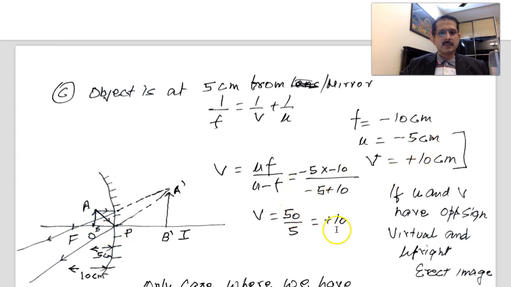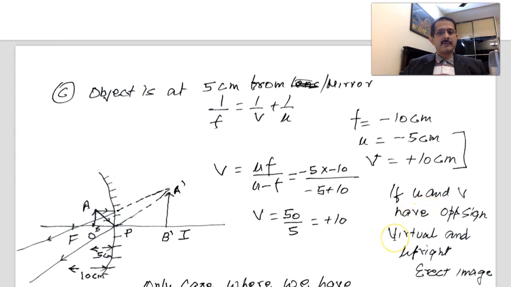Now if we put in the formula, we get V is equal to 10 plus 10. Now we are getting plus 10, so it is not this side, it's this side, because the image would be formed somewhere here, so from pole to the image the direction would be the same as the incident ray, so it will be positive.